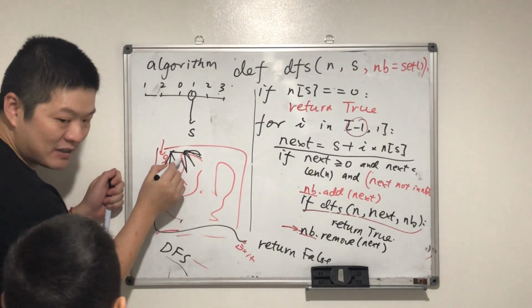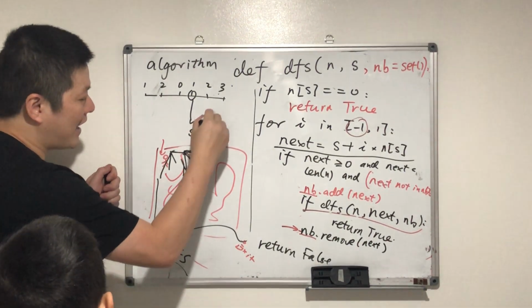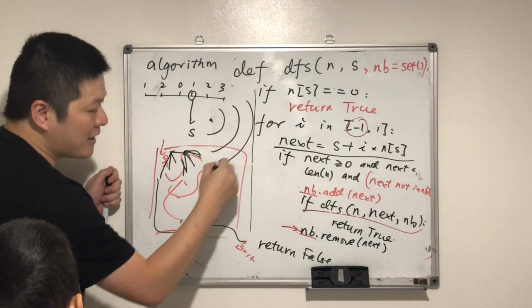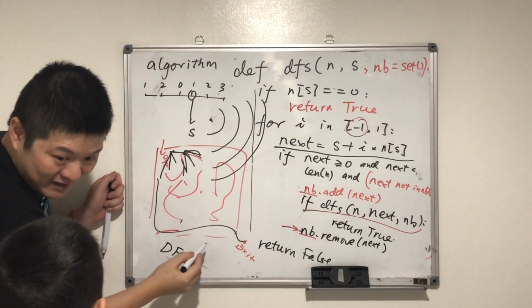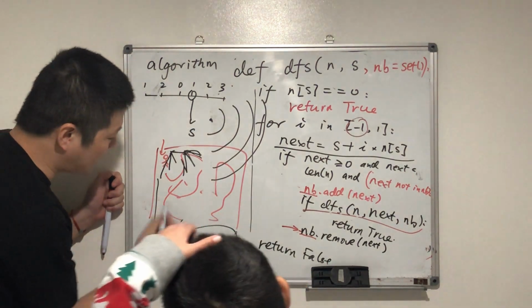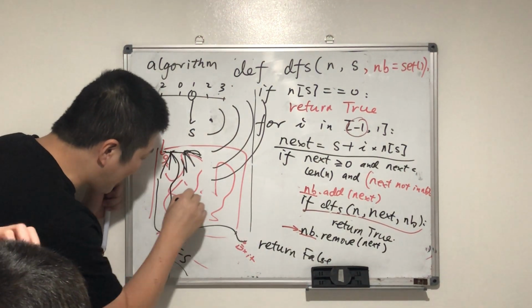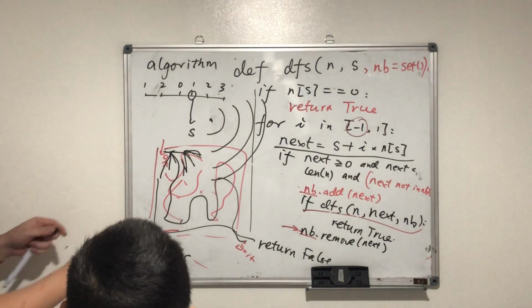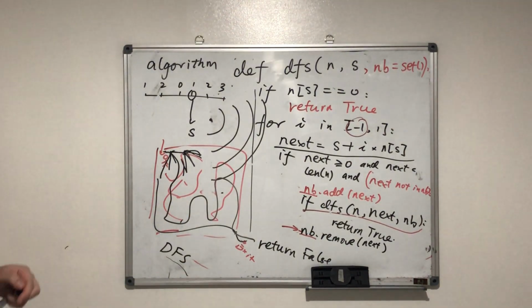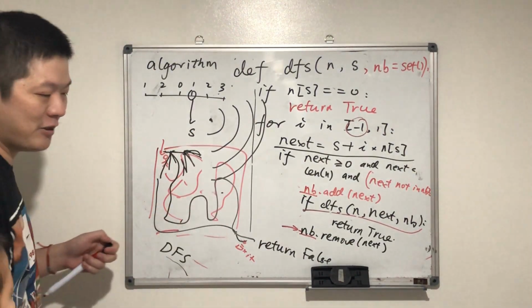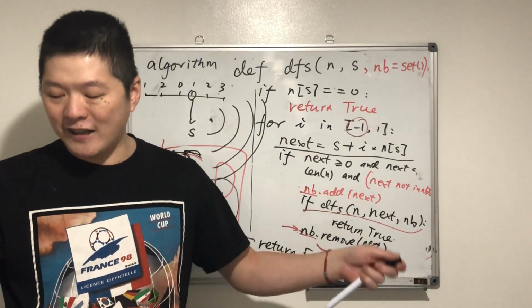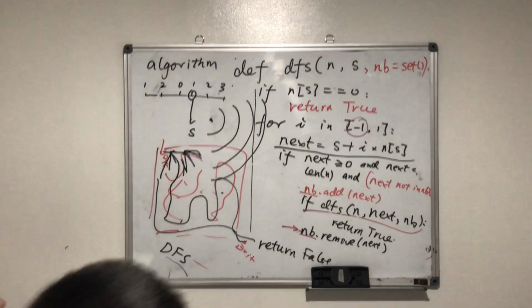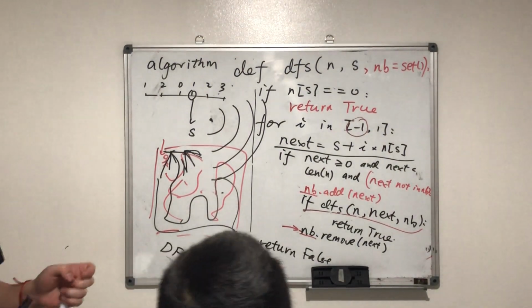You see? Do you understand? So it's like you are here, and you are trying to expand your territory until you find the exit. That's called BFS. And DFS is you find the path, you just try to go as deep as you can until you hit the obstacles, and you are in a place where you don't find any more exits, right? Okay, so do you get it? This is DFS and BFS.